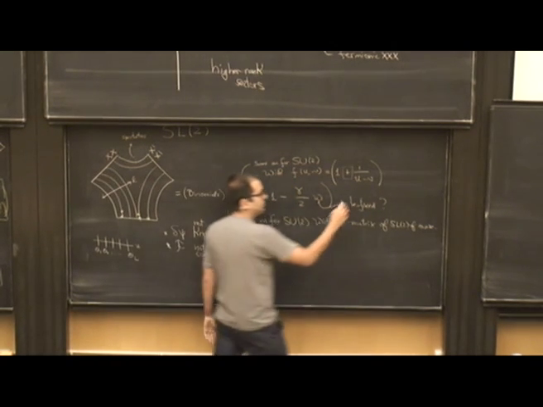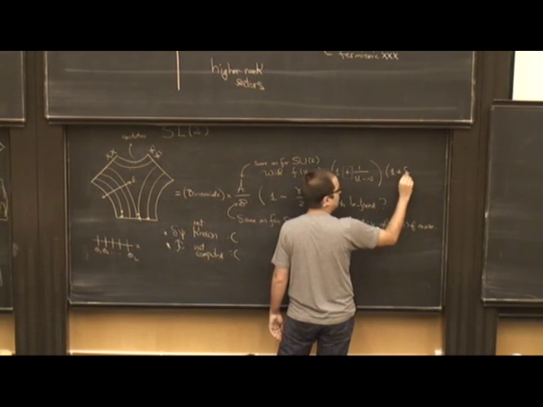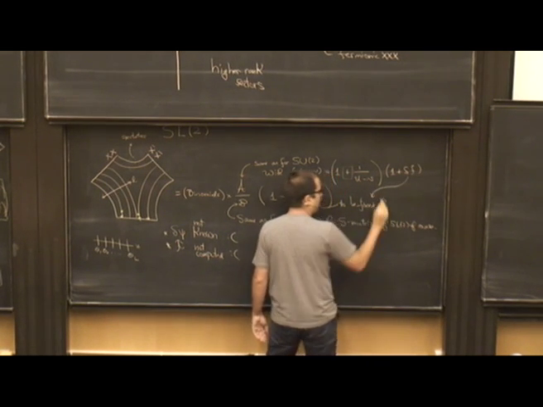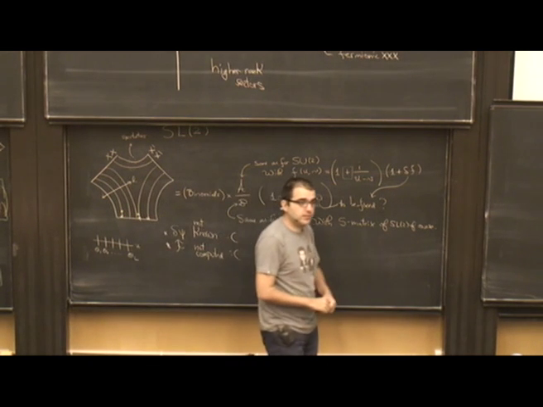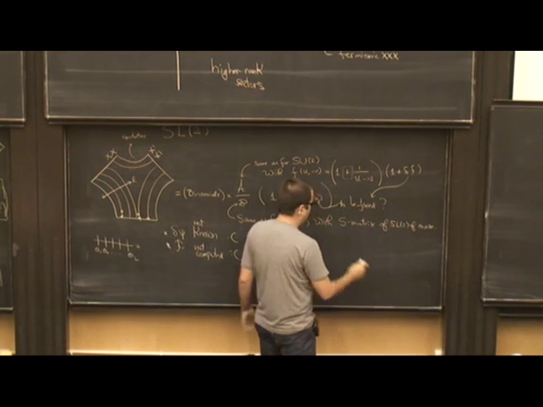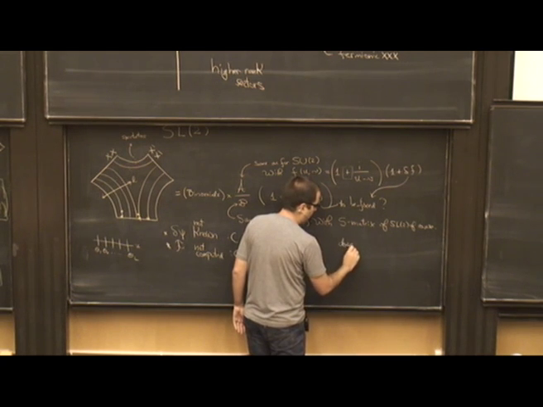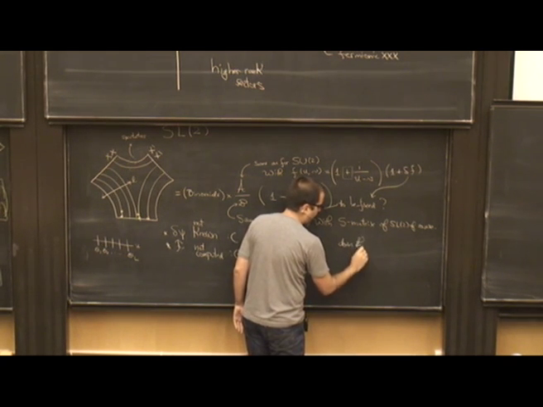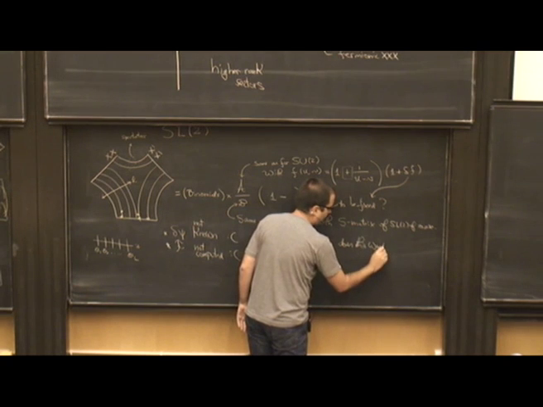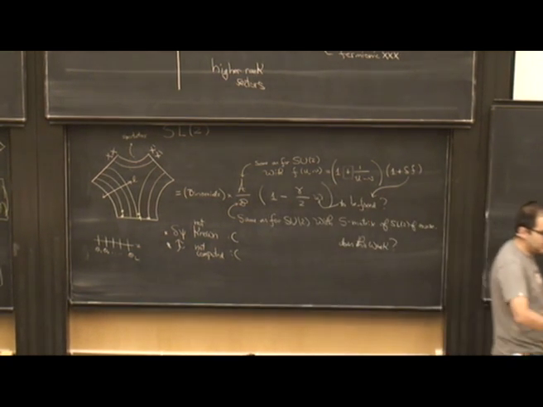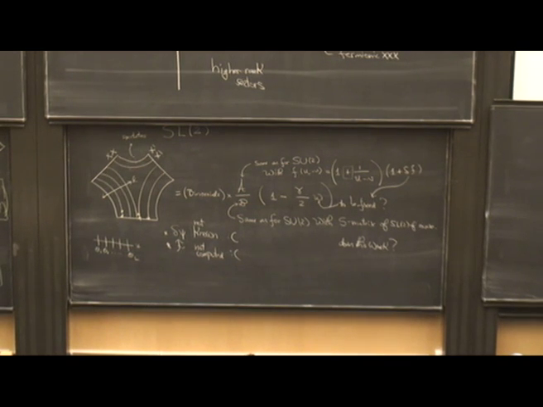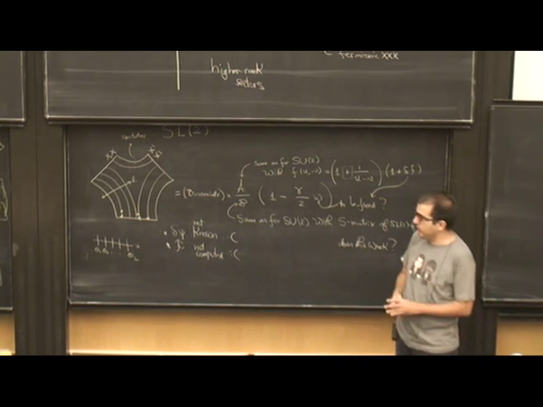So we could try to do something like this. 1 plus delta F, try to fix this later, and so on, and here correct the S matrix. Okay? And then try to ask, does this work? And if it does, is it inspiring and can it help us go beyond it and go to even higher loops? Okay?